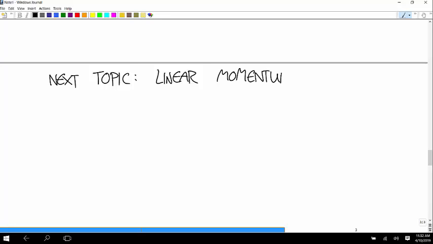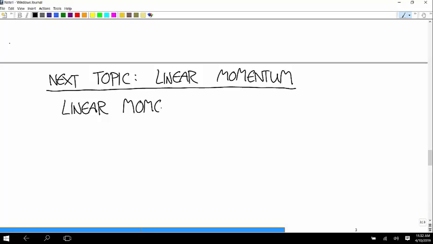So now we're on to the next topic. Linear momentum. And linear momentum is going to, okay, this is going to be a pain, so get ready.